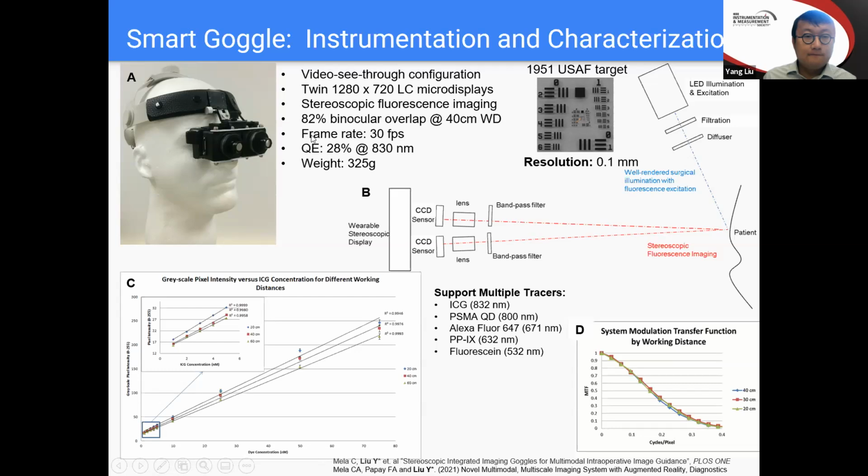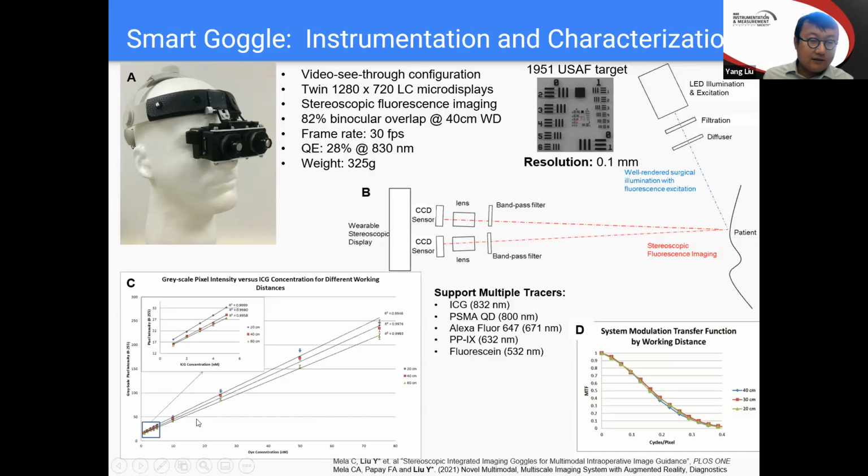And the fluorescent imaging can be operated at a frame rate of 30 frames per second, so the operator doesn't perceive latency. The system is lightweight, and the operator can wear it comfortably. In terms of resolution, a typical system we develop can detect down to 0.1 millimeters, which is very good.